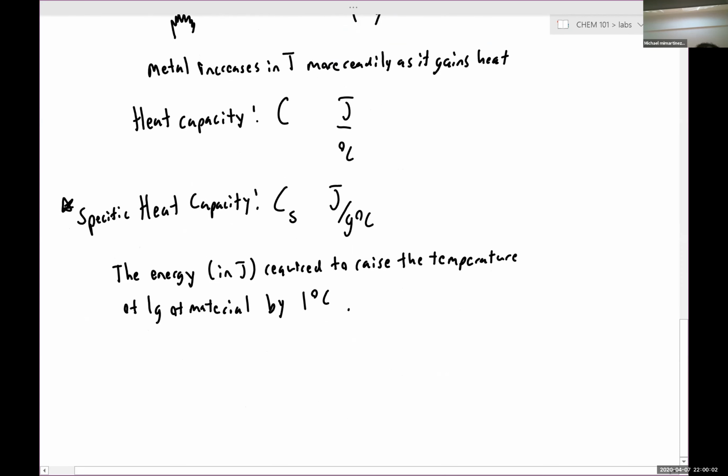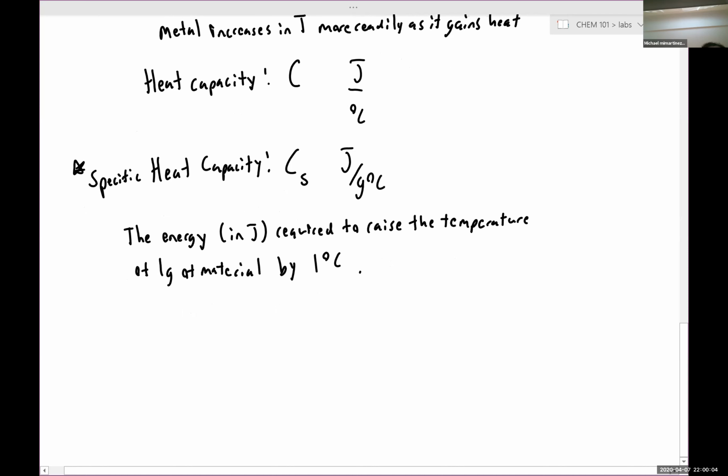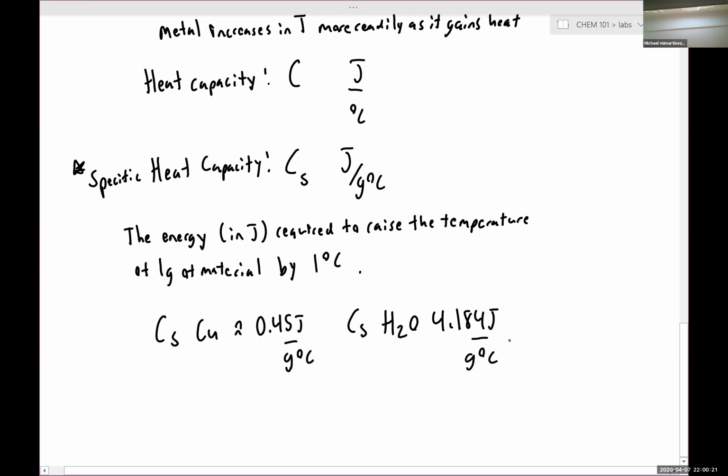So to help everyone see differences in specific heat, the specific heat of copper is about 0.45 joule per gram degree Celsius, while the specific heat of water is about 4.184 joule per gram degree Celsius.